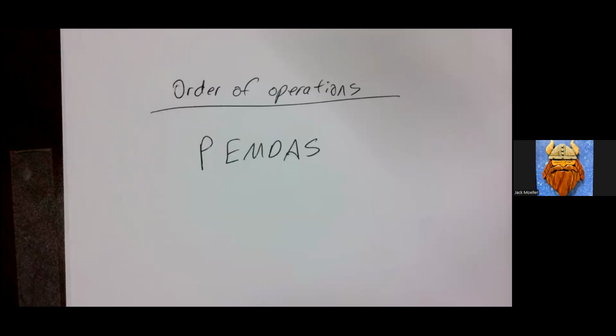Another reason I don't like PEMDAS is, what does that P stand for? The answer I hear here is parentheses. So my next question is, what do we use parentheses for in math? There are a variety of answers, but by far the most common is that parentheses are for multiplication.